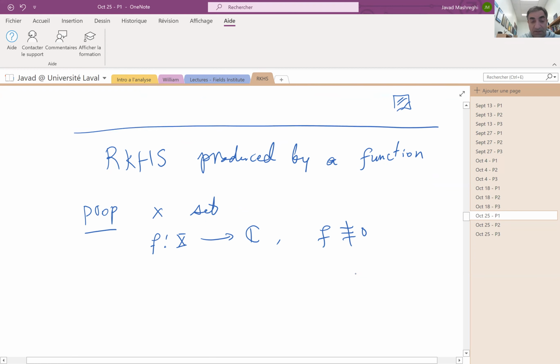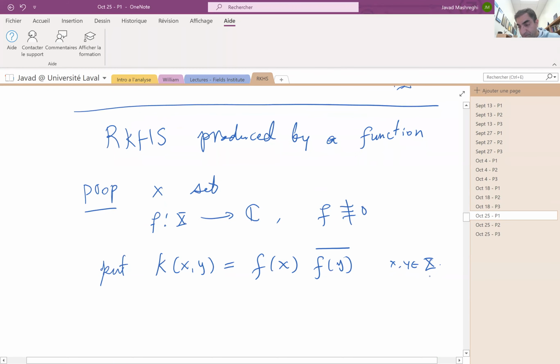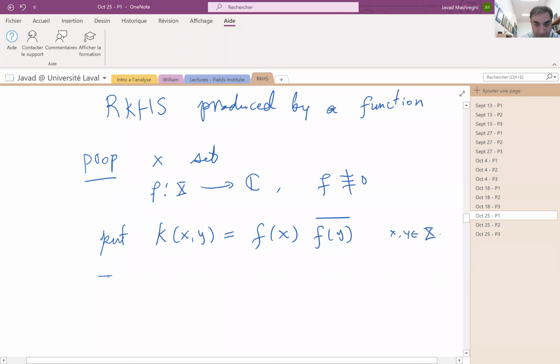So, define, put k of x and y to be f of x, f of y bar. Then we saw before k is a kernel function.